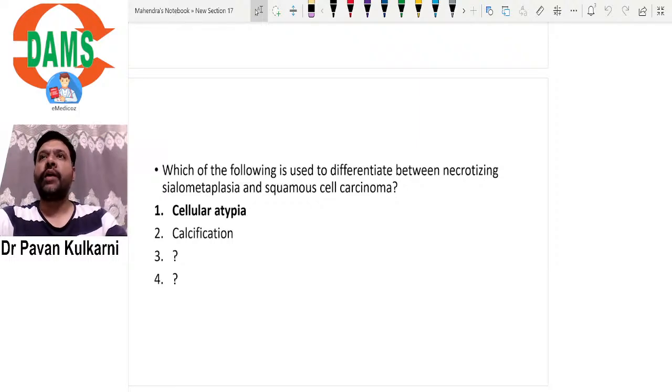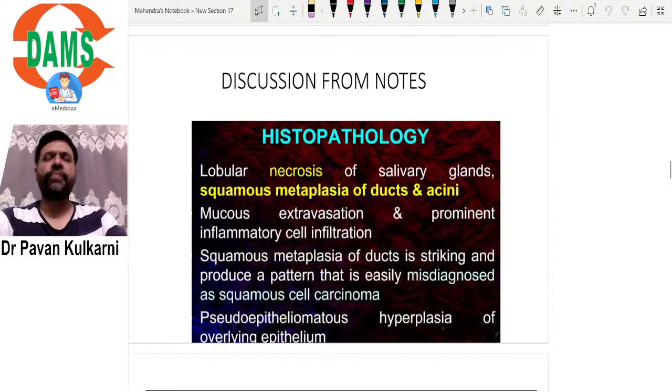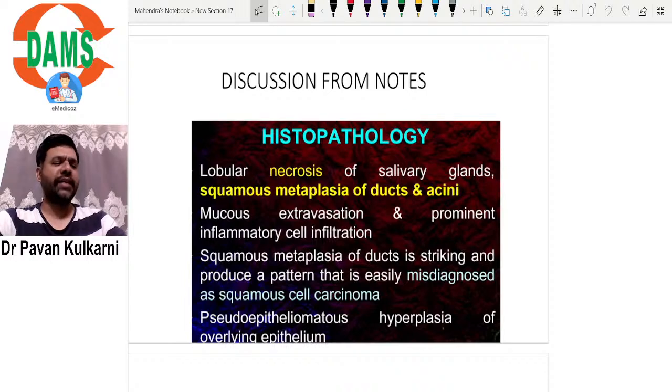Cellular atypia or cellular dysplasia is seen in case of squamous cell carcinoma, whereas it is absent in case of necrotizing sialometaplasia. This has been discussed in our histopathology of necrotizing sialometaplasia, that this will show pseudoepitheliomatous hyperplasia, which is absent in oral cancer or squamous cell carcinoma.